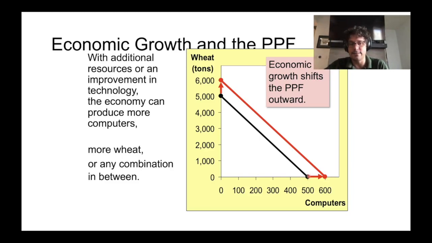Then you still produce the same amount of computers, so you get this black line, and there is just a shift of the tons of wheat. Basically, we move only in one dimension and not in the other. Again, this is just a review of what you've seen in Principles of Macroeconomics.